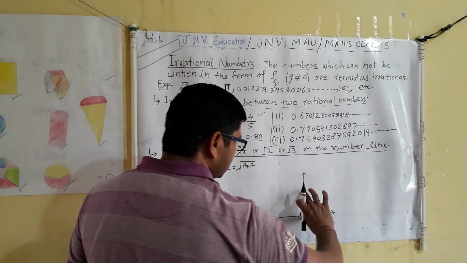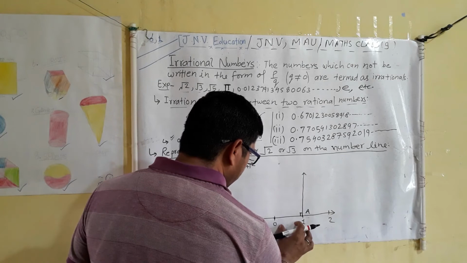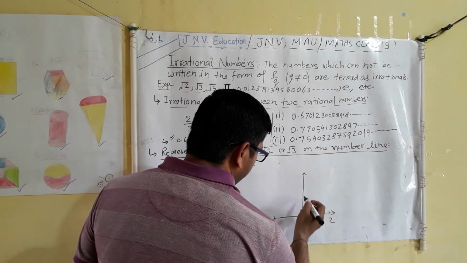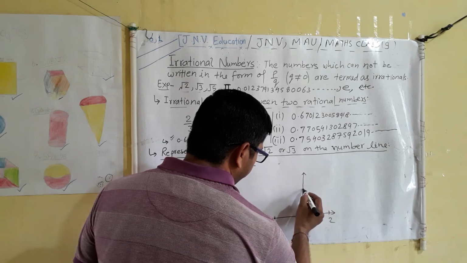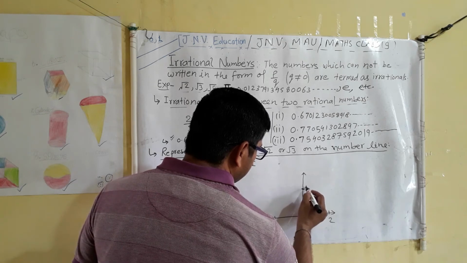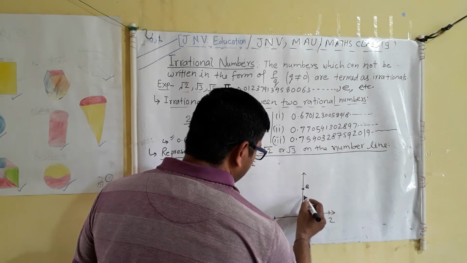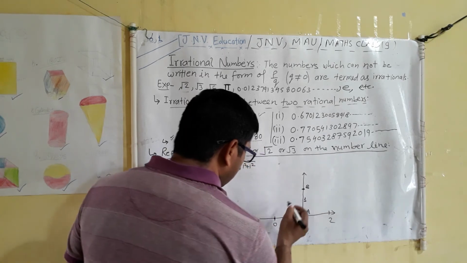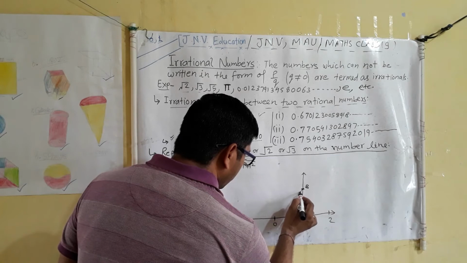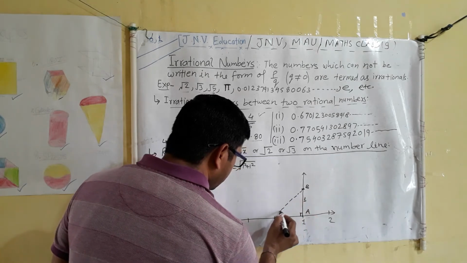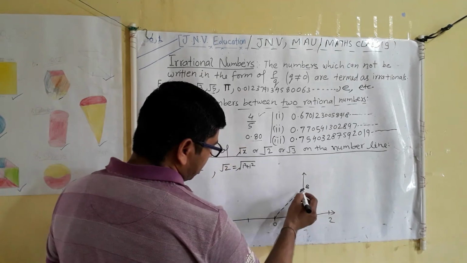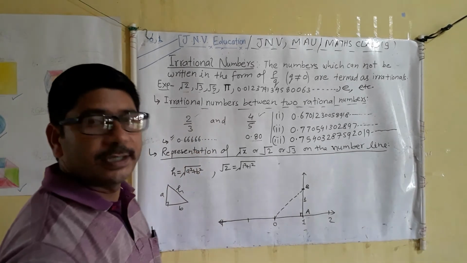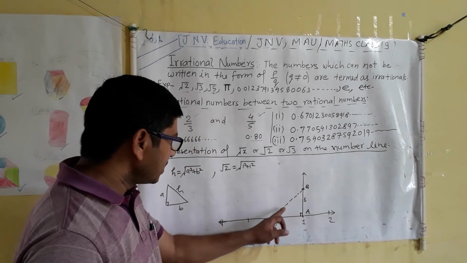Take one unit on the perpendicular, and suppose this is B. From A to B is 1 unit. Now connect B to O. Now we have OAB, a right angle triangle whose hypotenuse is OB.